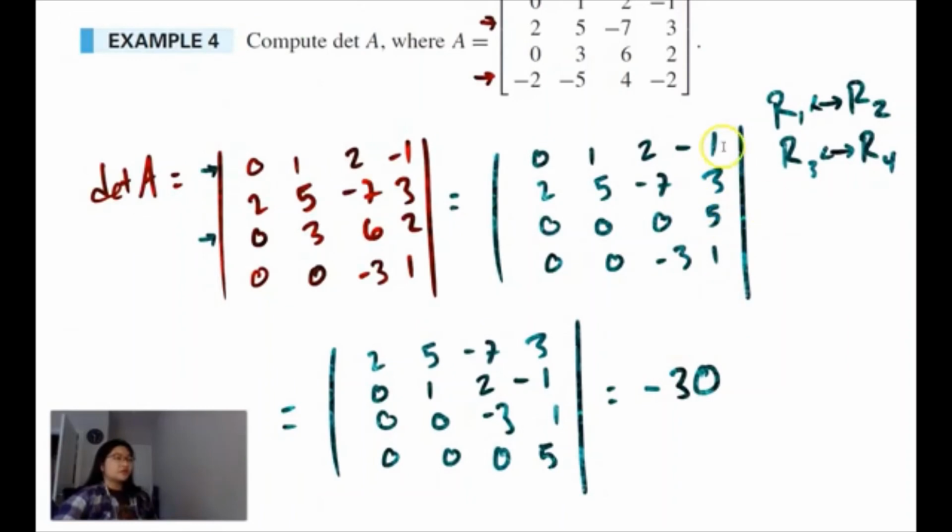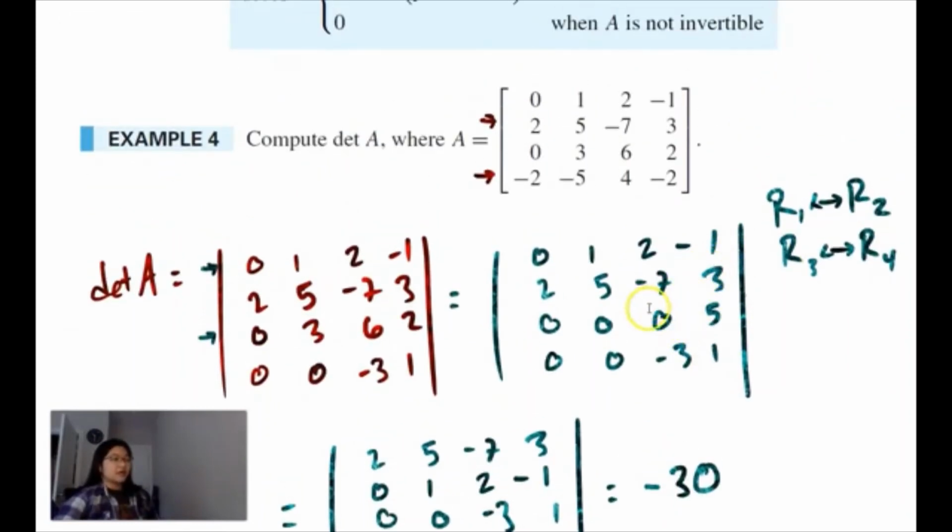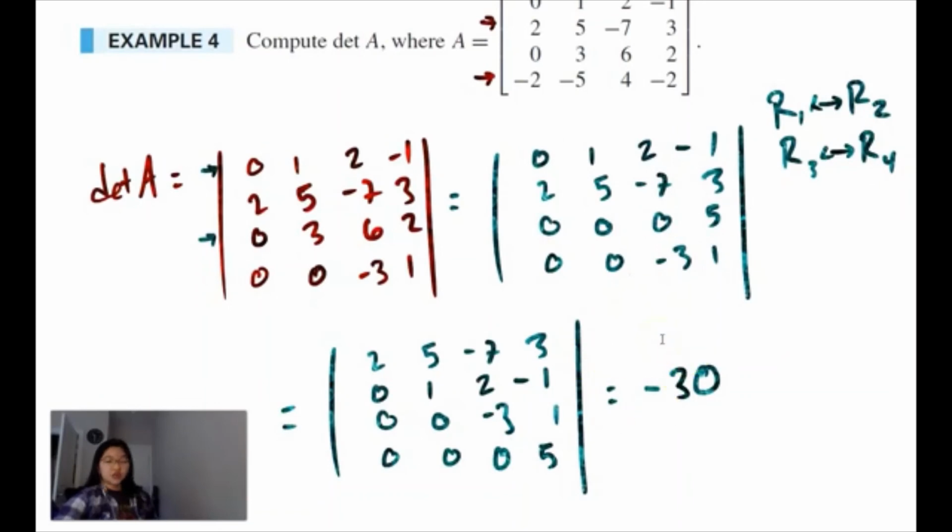We can do some elementary row operations and use those to our advantage when calculating our determinant, because then we don't have to do as much work, which is really nice. Doing row swaps gives the negative of the unswapped determinant, and taking a multiple of one row and adding it to another doesn't change our determinant.